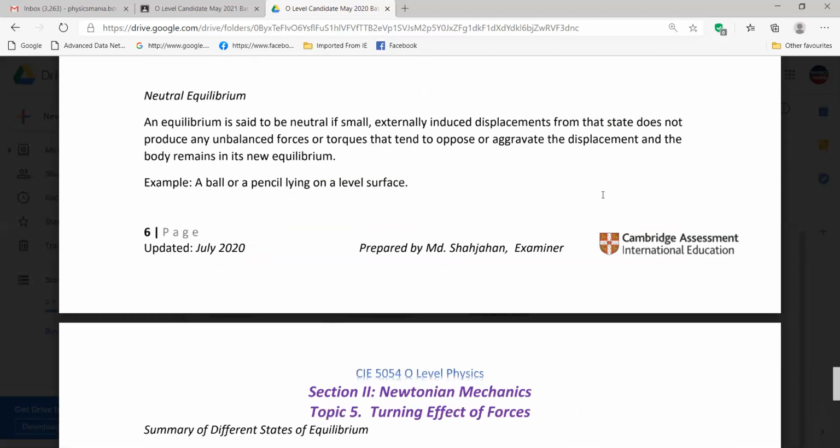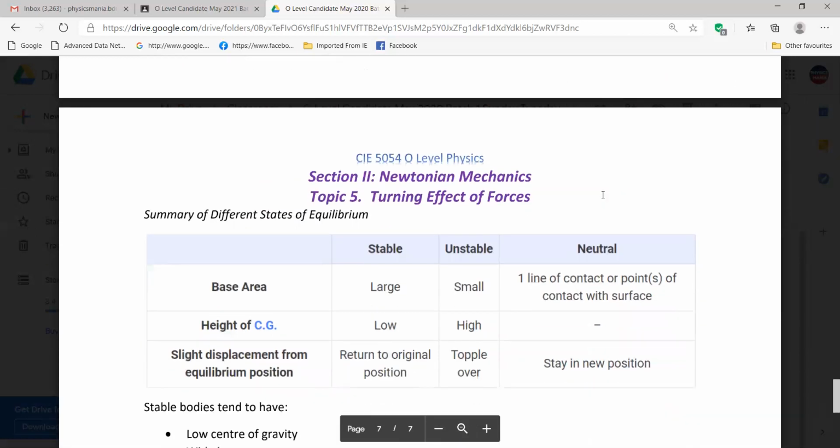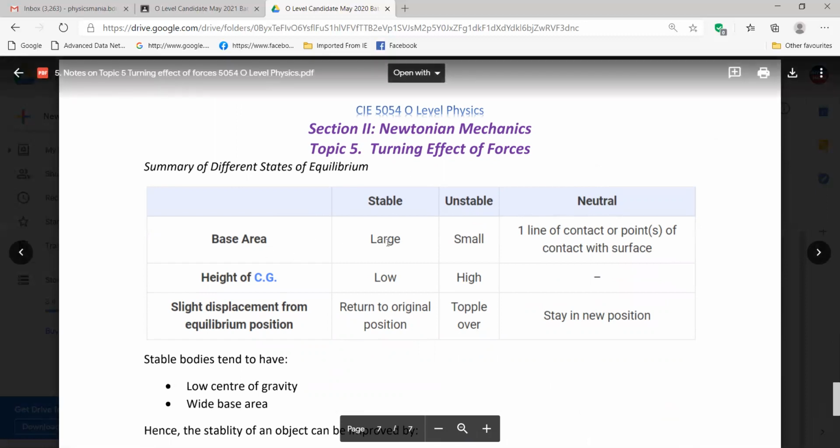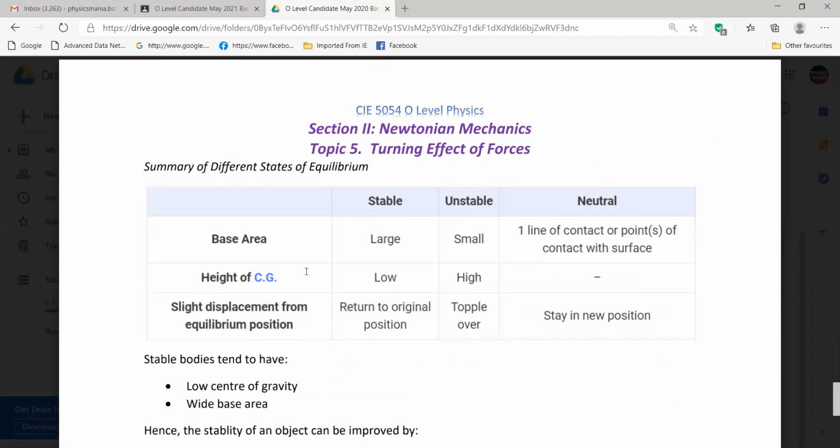Okay, clear. Now we have here the relationship or the comparison between the summary of different states of equilibrium. You already understood it, right? Yes. If the base area is large, then it is more stable.